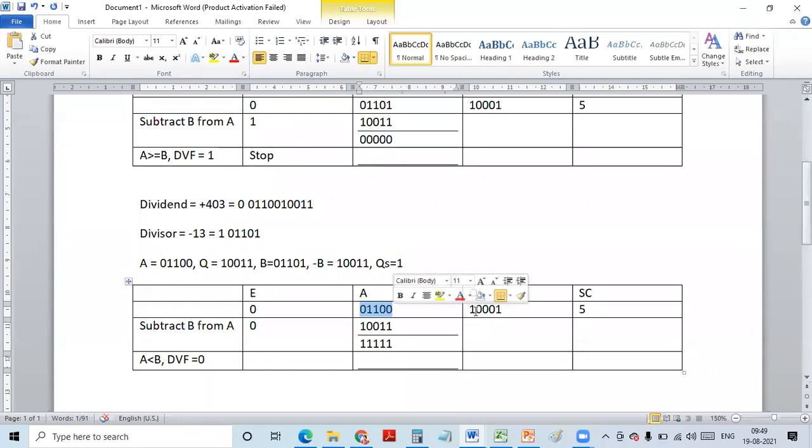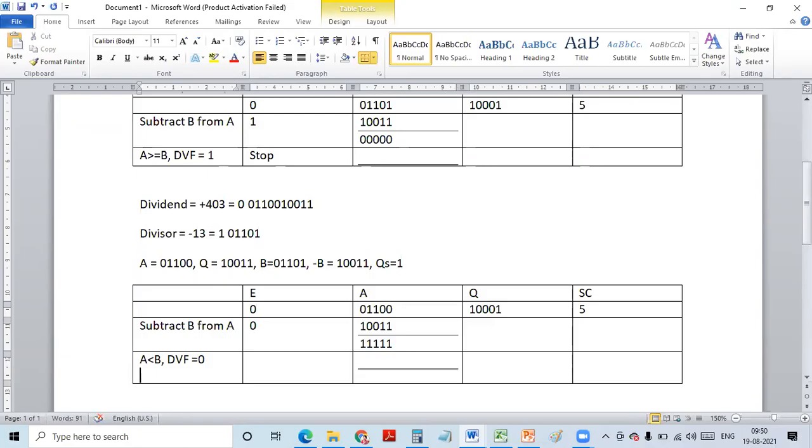Where is the 6th bit? It is in Q, right? I need to consider this bit also, so I need to shift this to the left side. But A should contain the original value. Because of the subtraction, A is updated with this value, so I need to restore my A back.